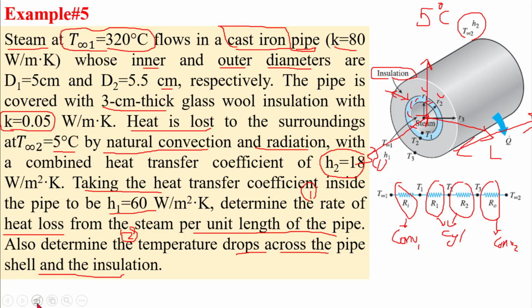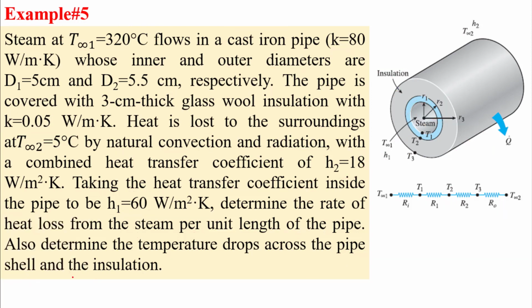Let me erase everything. So here is the pipe shell, and inside we have T1, outside we have T2. So we need in part 2 delta T for the cast iron. Again we need the temperature drop across the insulation.